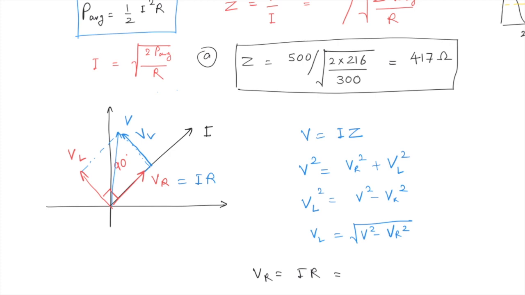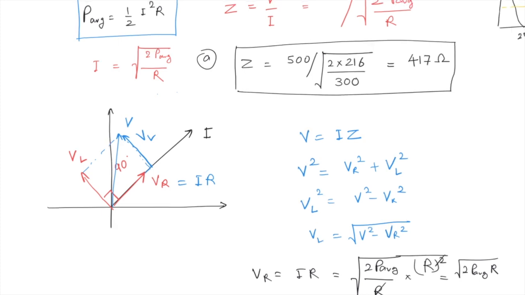So this I will be root of 2P average divided by R, multiplied by R. So let us substitute. In fact, this can be revised as root of 2P average multiplied by R, because this will become square and it will cancel out one. So if I take it inside the square root, this will go away and one will be left.